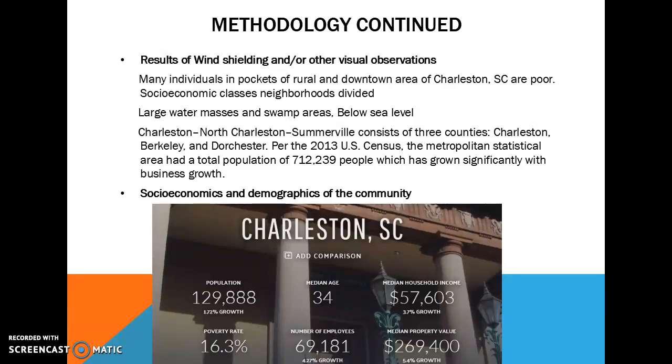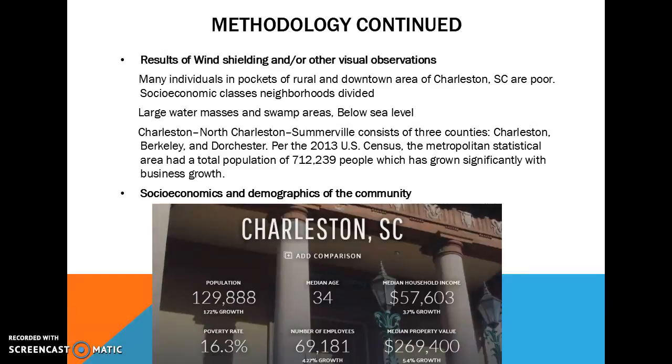Charleston actually has a tri-county area that consists of Charleston, North Charleston, Summerville. Well, actually Dorchester County as well. So it's Charleston, Berkeley, and Dorchester County. As of the last census, there were 712,000 people in the area.